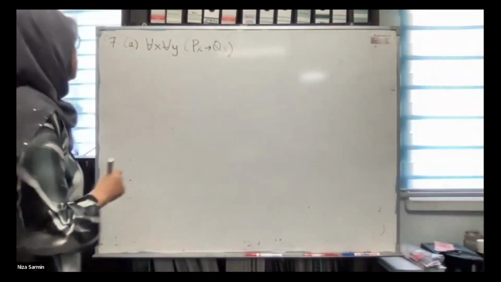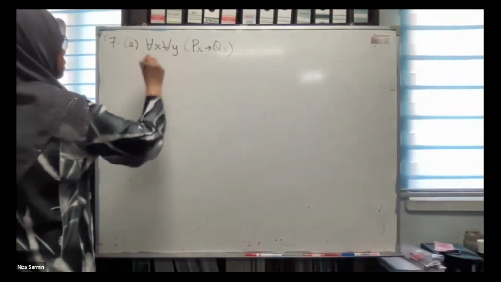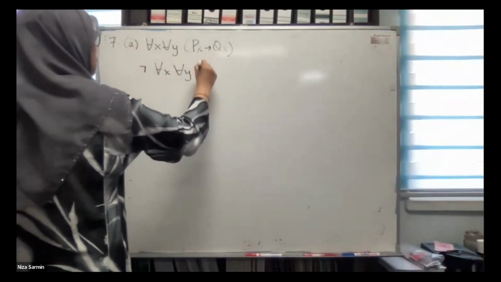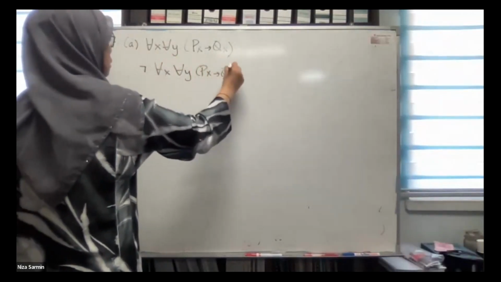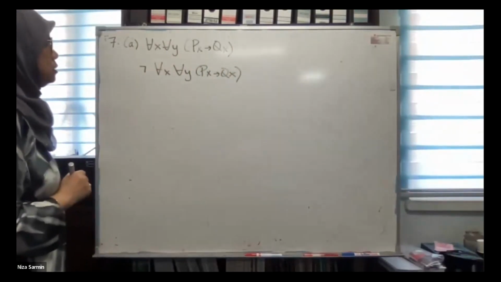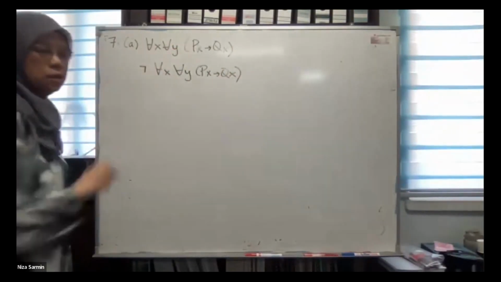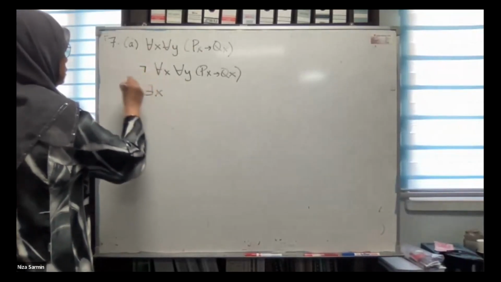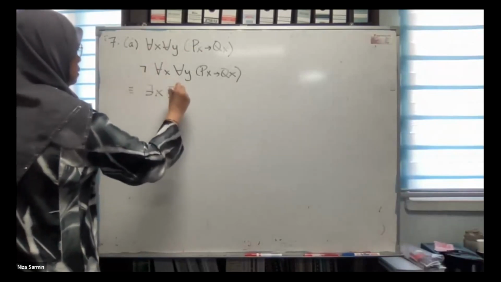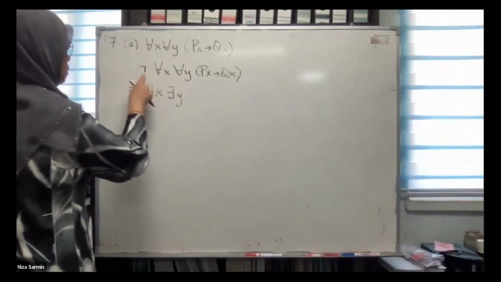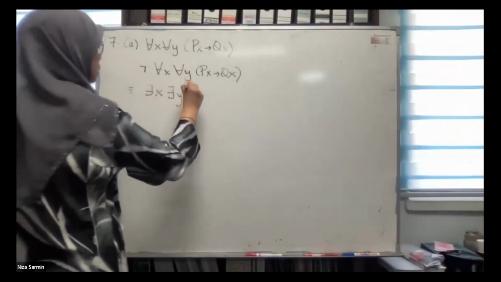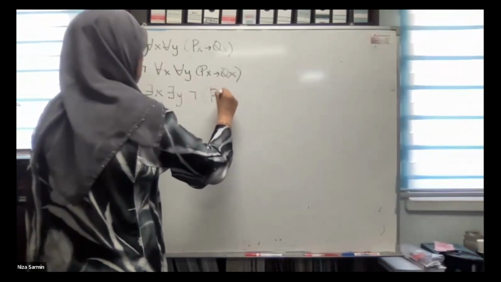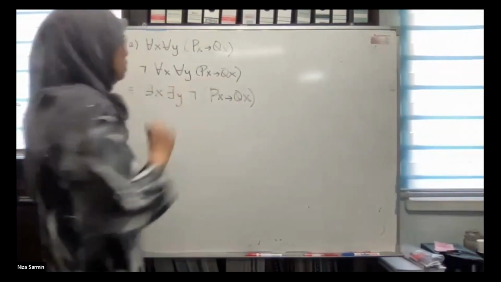Determine the negation. So you have to take not of for all x, for all y, Px implies Qx. This is the question, this is the negation. So you will write, bring this here, it becomes this y, then don't forget the not.